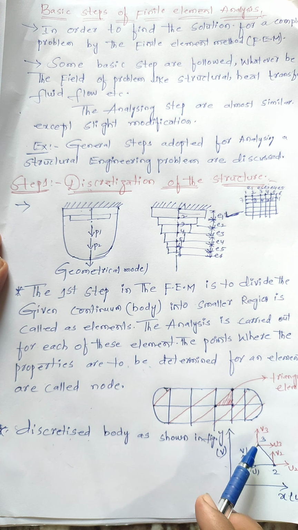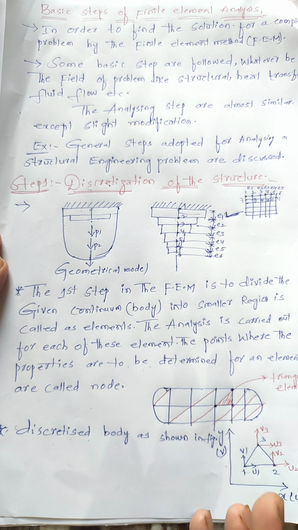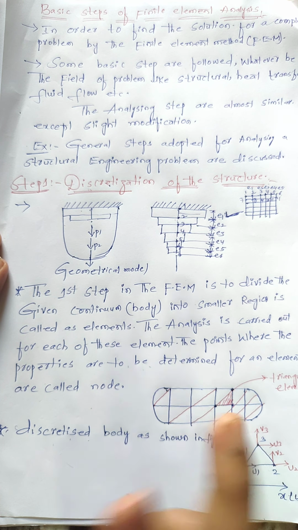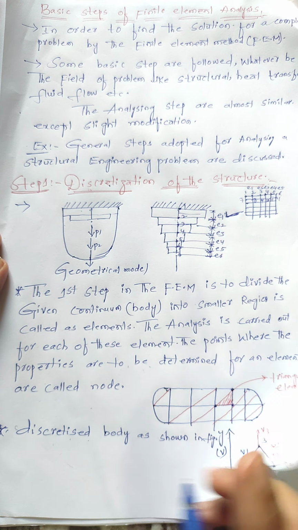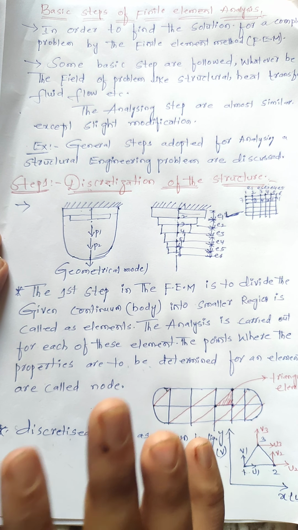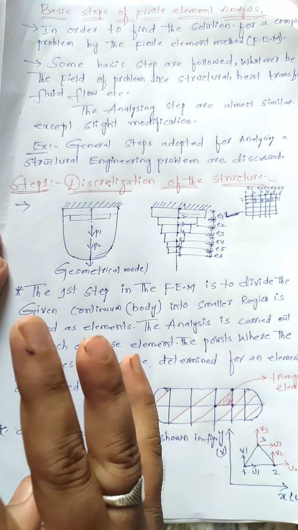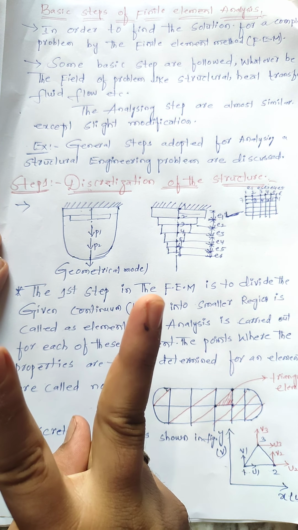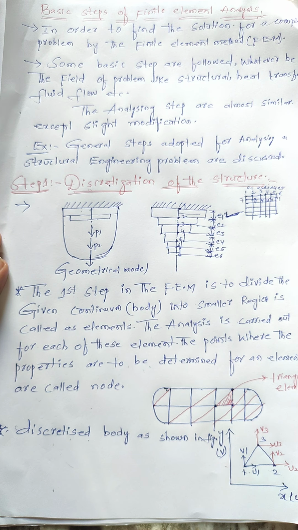This triangular element has 3 nodes and a total of 6 degrees of freedom. Each node has how many degrees of freedom? On the first node 2 degrees of freedom, on the second node 2, on the third node 2. Total 6 degrees of freedom, 2 on each node. Is it right?